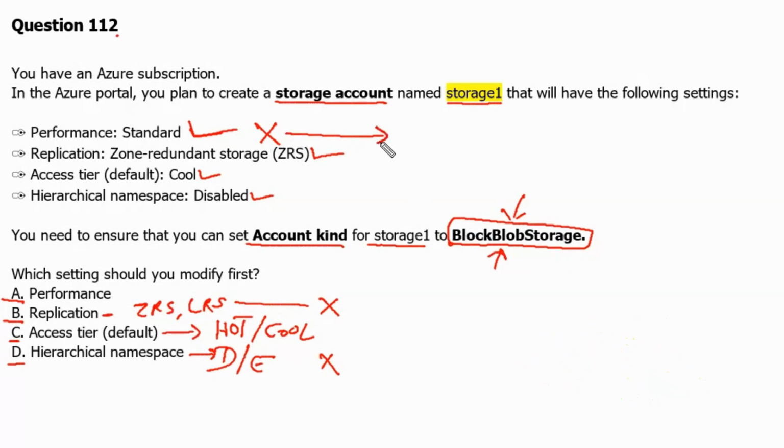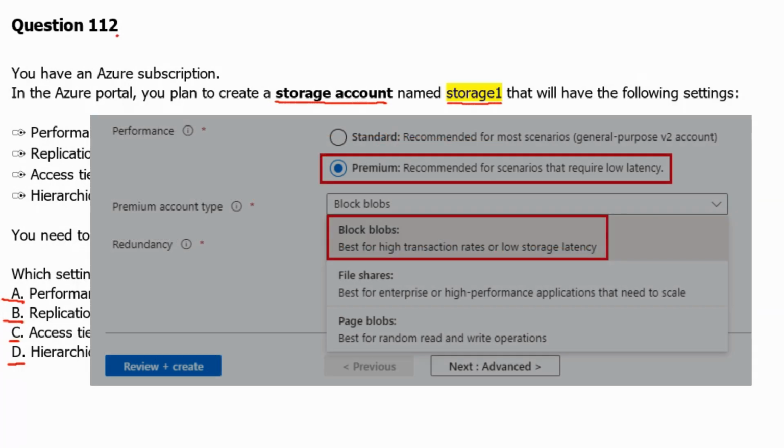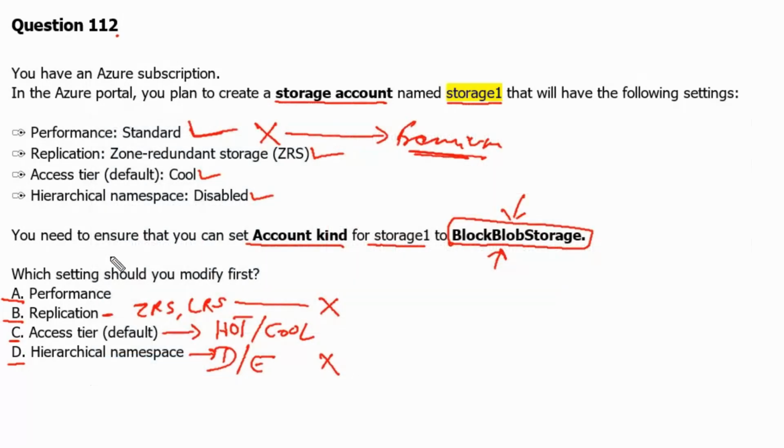The recommended performance setting with the blob storage account is the premium one, and that is due to that the blob storage account is used for high transaction rate or low storage latency, and therefore we have to have premium performance selected with this. Therefore answer A is the correct answer.